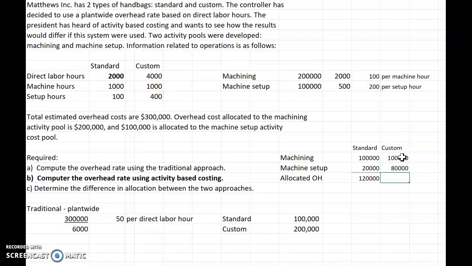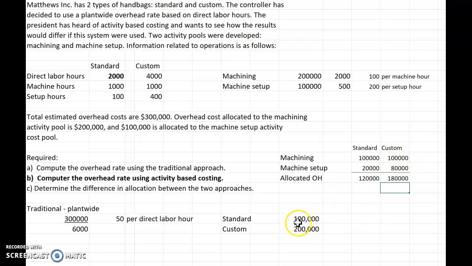So that comes to $80,000. So our total overhead allocated to custom should be $180,000 under activity-based costing.